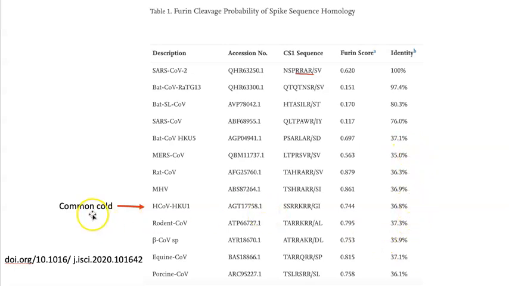And I pointed out this one in particular. Here's a human common cold coronavirus, HKU1, that's not very similar to SARS-CoV-2 at all, but happens to also have one of these really robust Furin cleavage sites.